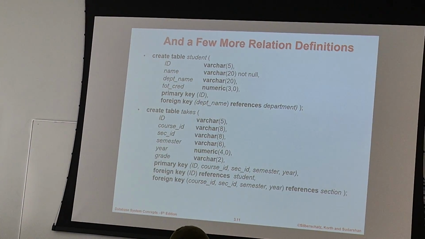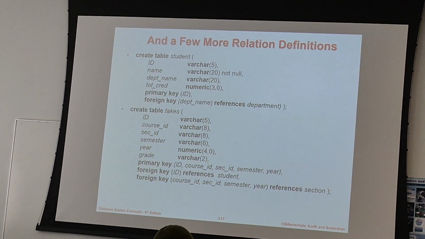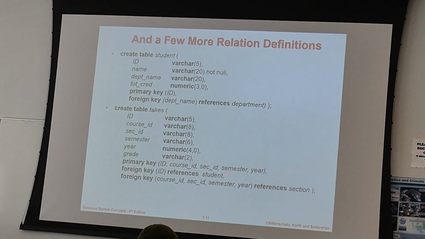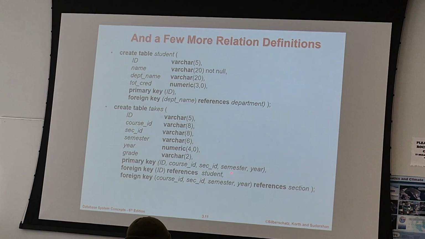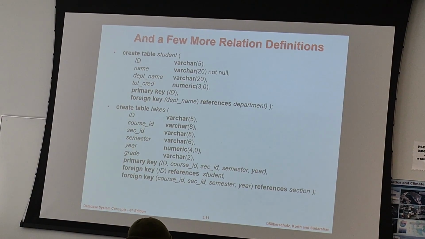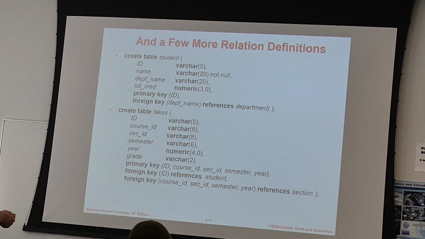It's probably because each individual field is not necessarily unique when we're considering a student taking a class. I mean, a class can occur during multiple semesters. It can be given during multiple years, and so it can have multiple sections.